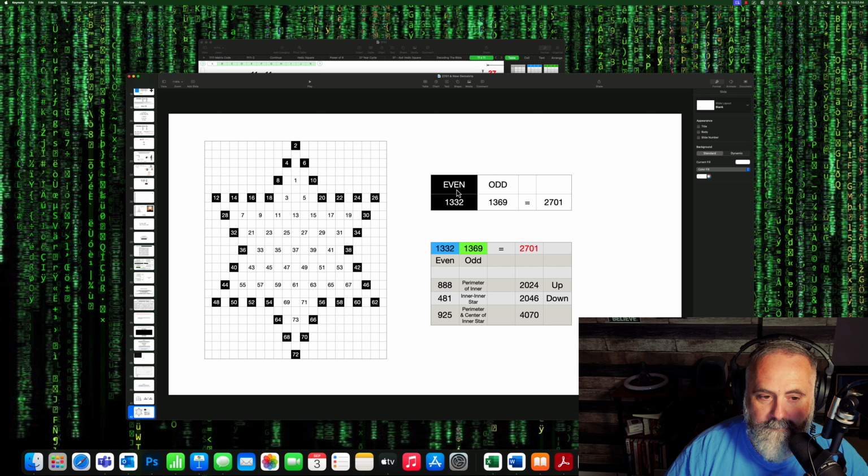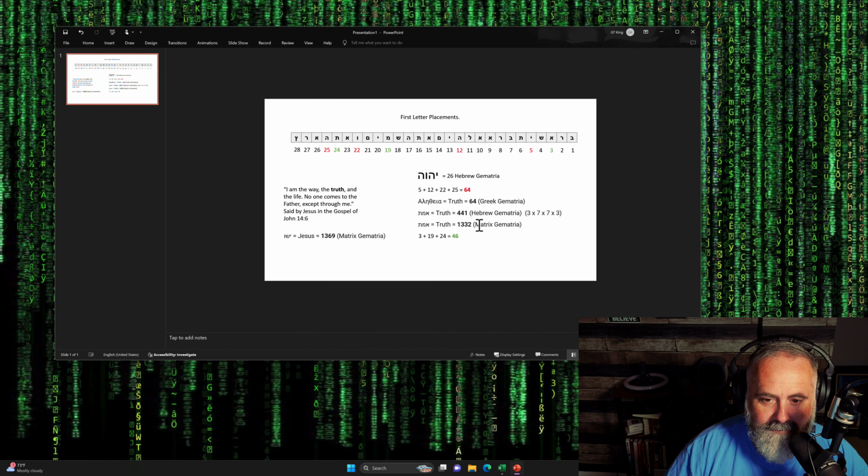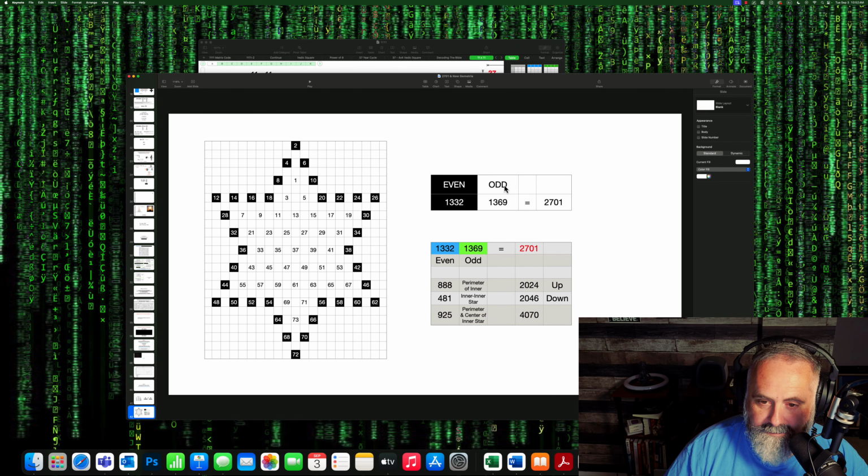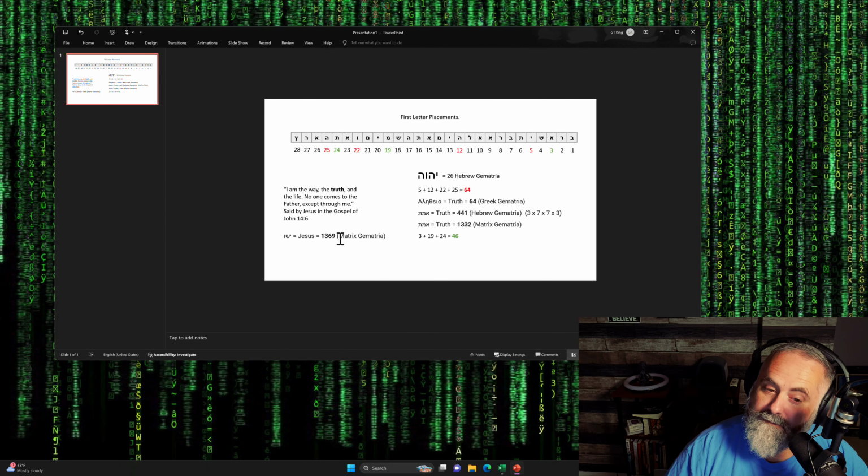So the even numbers in the Genesis star was 1332, the value of truth in matrix gematria. And the odd numbers are 1, 3, 6, 9, 1369, the value of Jesus in matrix gematria.